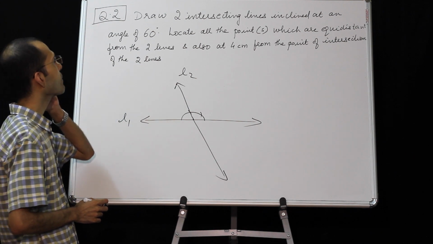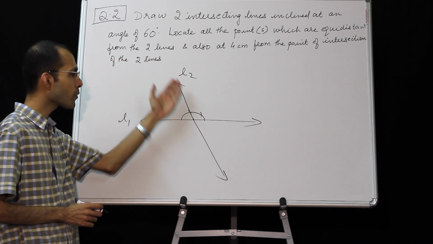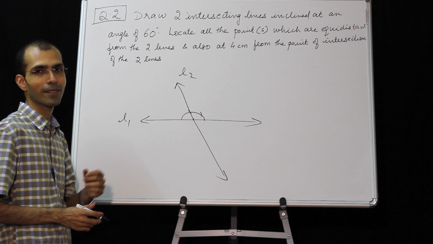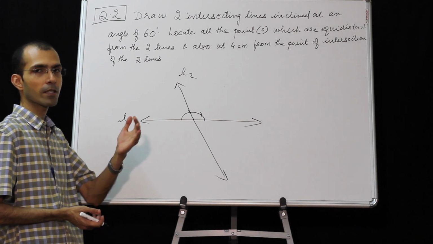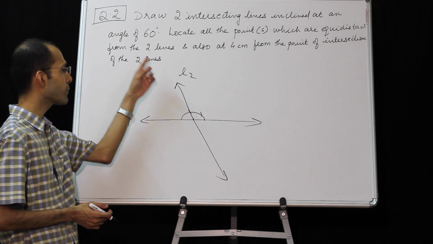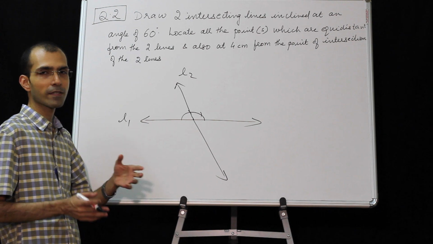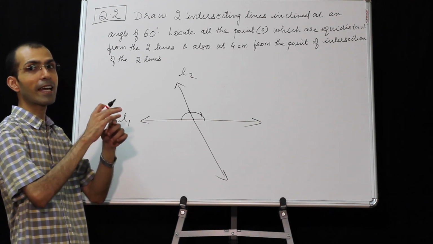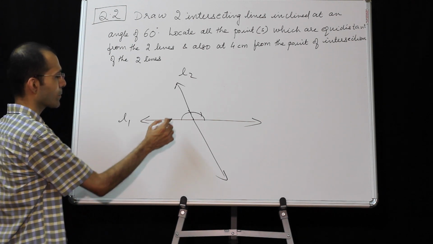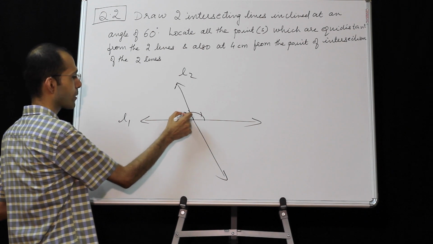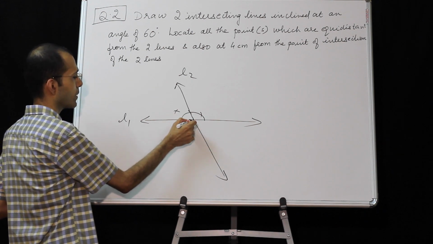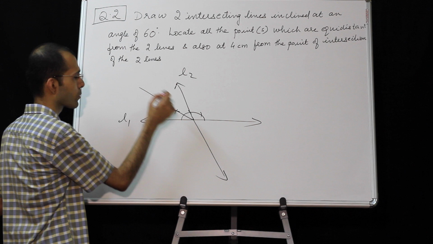Locate all the points which are equidistant from these two lines. Which concept? 1, 2 or 3? Equidistant from two intersecting lines. Concept number 2. That will be angle bisector. So I will have to draw the angle bisector of this 60-degree angle, which you already know how to draw now.